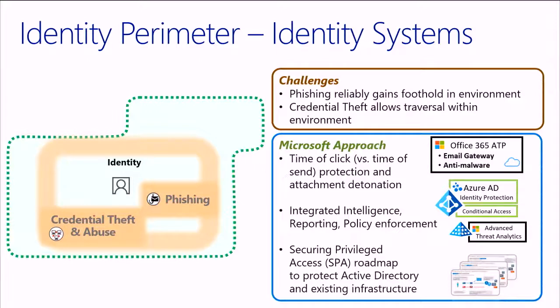Let's go a little bit deeper. When we think about phishing in a historical sense, an attacker would host some malicious content somewhere, create a bad link and use spam, hoping that some of the users would click on that link.